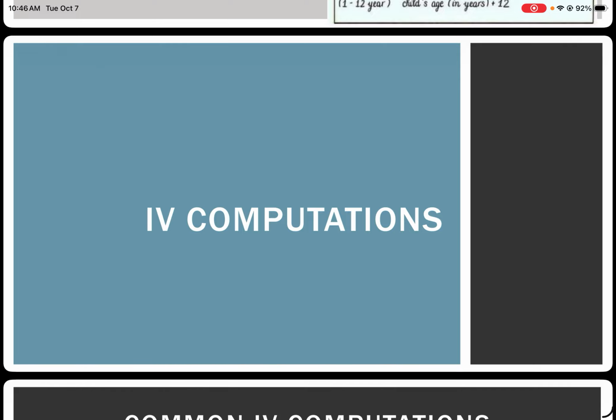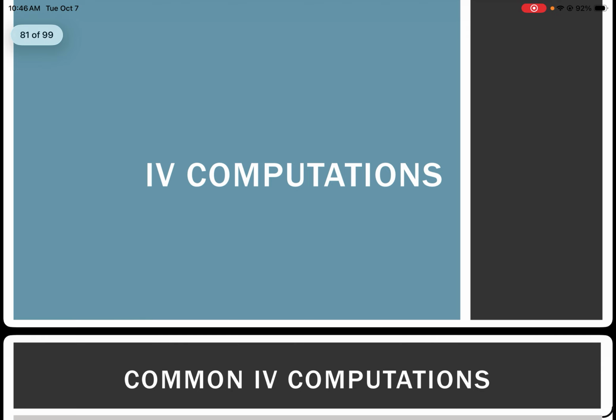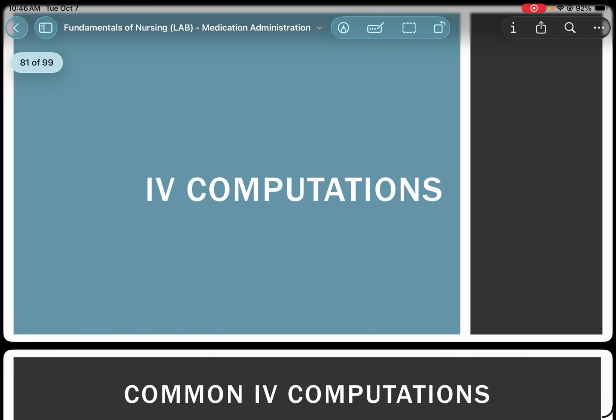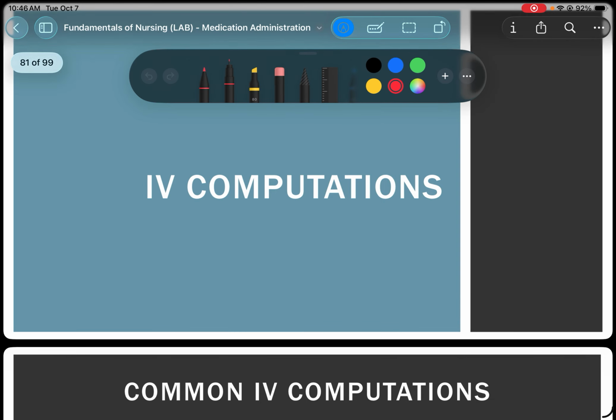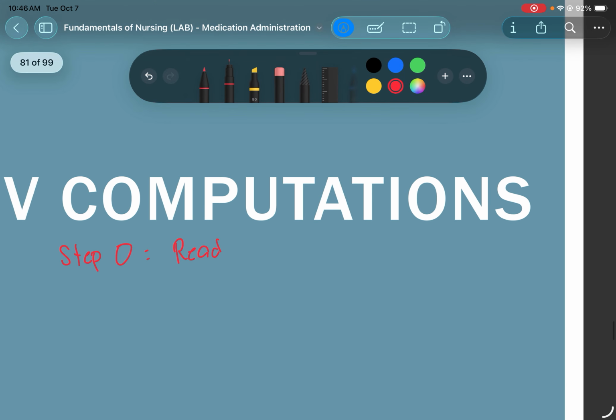Today we're gonna be discussing IV computations. Now, very similar to our drug computations. Our IV computation has a few different steps. Namely, among which the first step that you should take is, if you remember, step zero, which is what we call read the question.